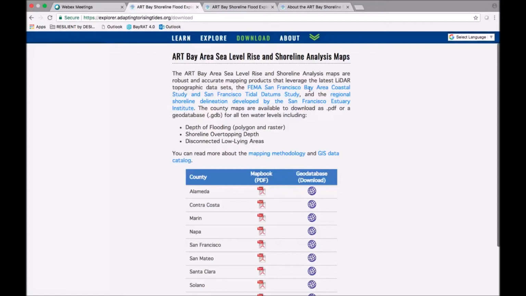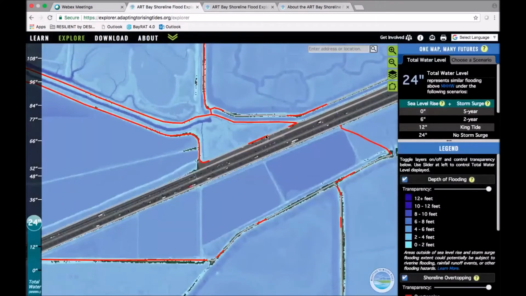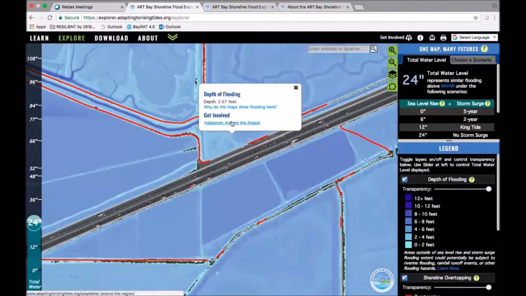As stakeholders explore the flooding maps, we want to be able to direct them to where resources and ongoing planning efforts already exist for their area of the shoreline. By clicking on the map, we can also investigate what other adaptation efforts are happening around the region through this Get Involved link.